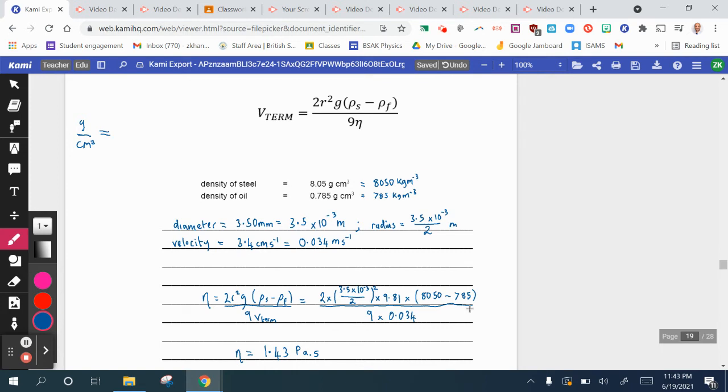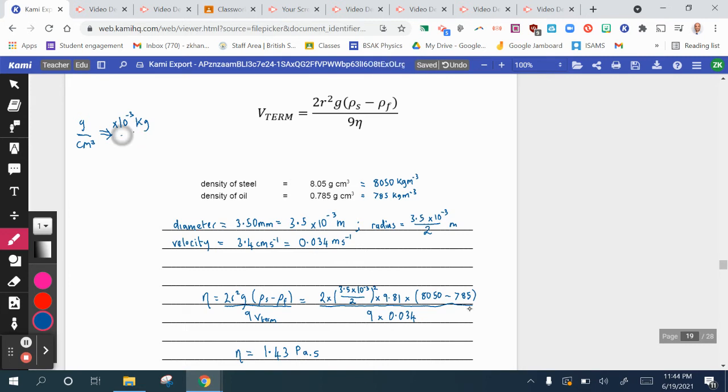We want to convert that to kilograms. Grams to kilograms, what we have to do is divide by 1,000, which is the same as times by 10 to the minus 3.